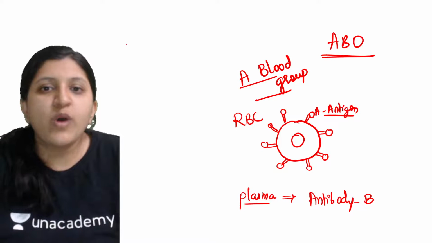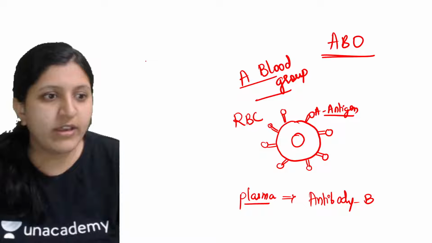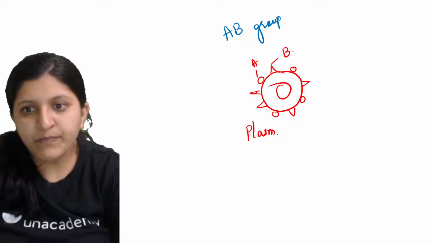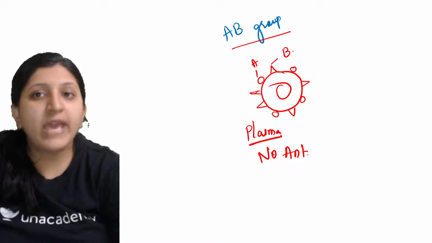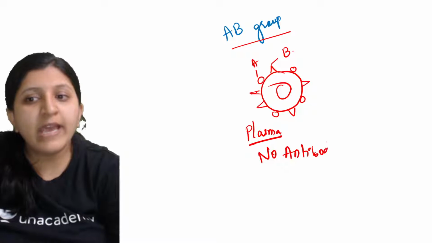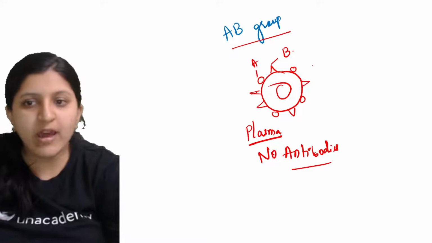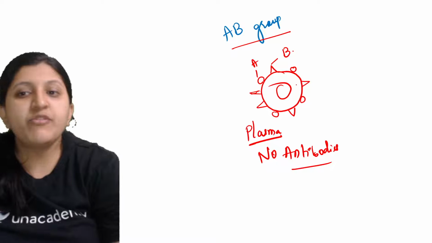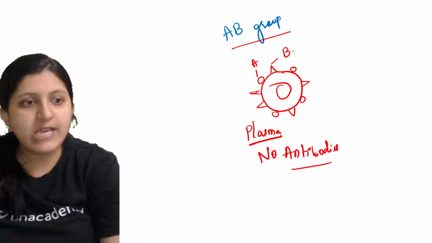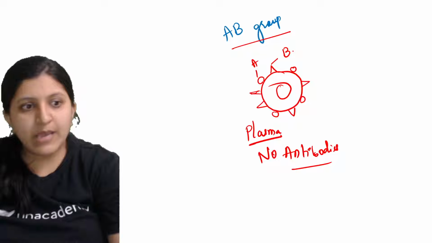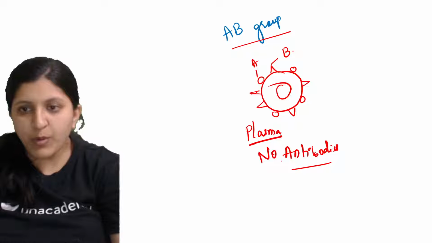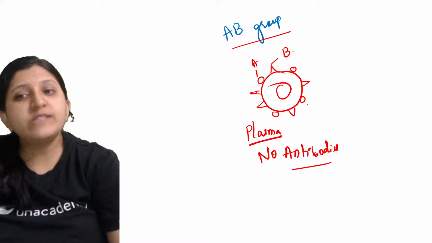The other case: in the plasma, suppose there are no antibodies. If antibody A is there, it can bind with the A antigen and destroy the RBC. If the B antibody is there, that can also destroy this type of antigen. So it will lead to a problem, that means destruction of the RBC.